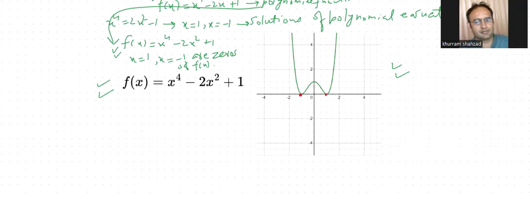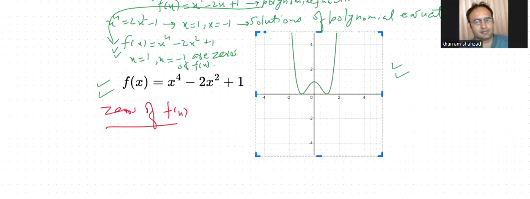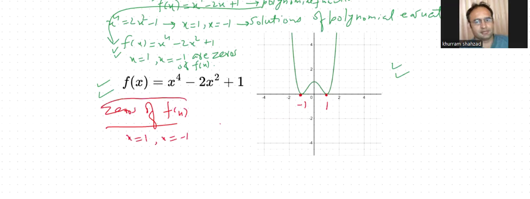So what are the zeros of f of x? Zeros of f of x are the points where the graph is touching the x-axis. So this is 1 and this is negative 1, which we have described here. So x is equal to 1 and x is equal to minus 1 are zeros of the function f of x.